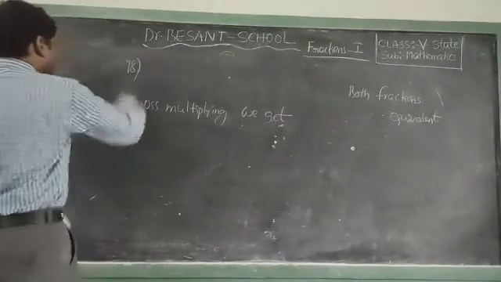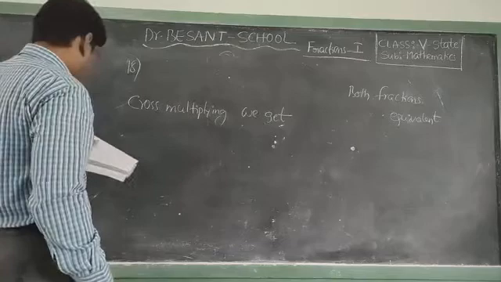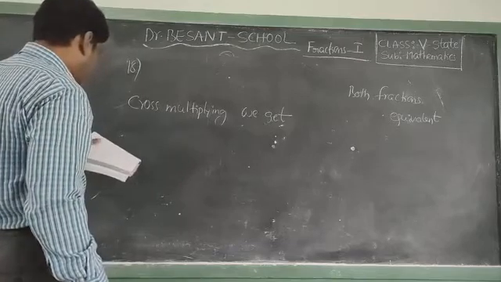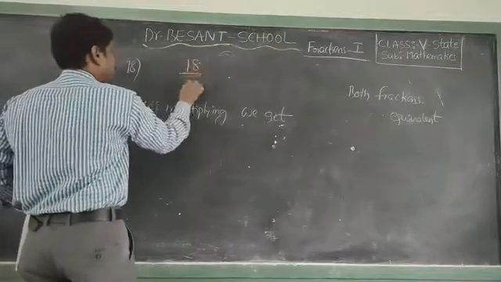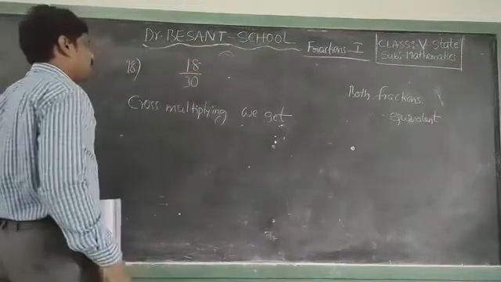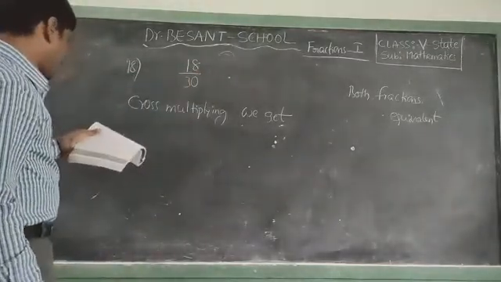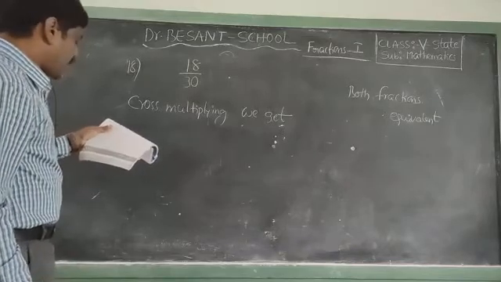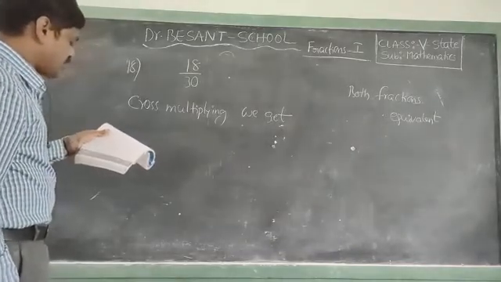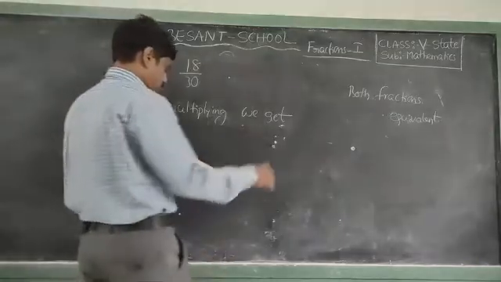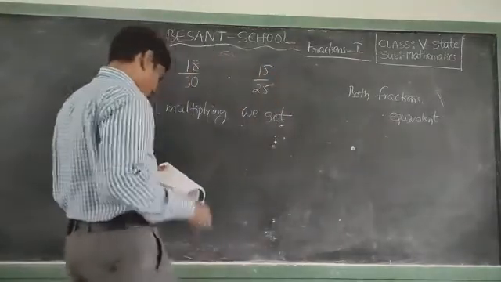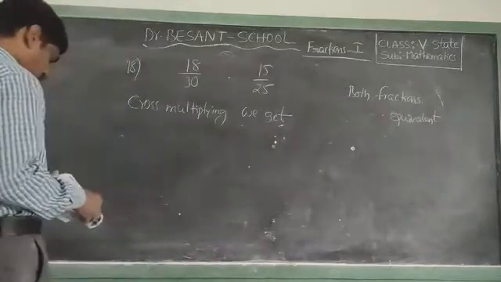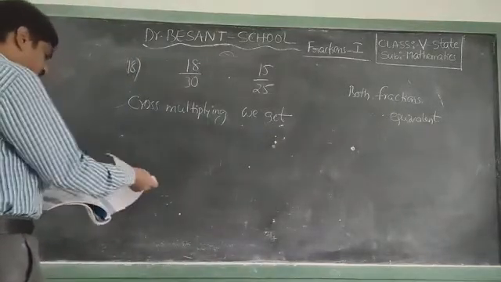Eighteenth one: fraction of the painting done by Raghu is 18 by 30. So 18 by 30 part he has done. Fraction of the painting done by Raju: first one is Raghu, second one is Raju. So this is 15 by 25. Okay children, next observe this one.